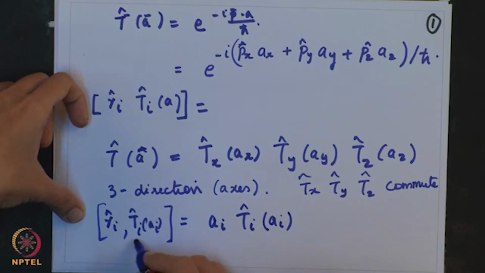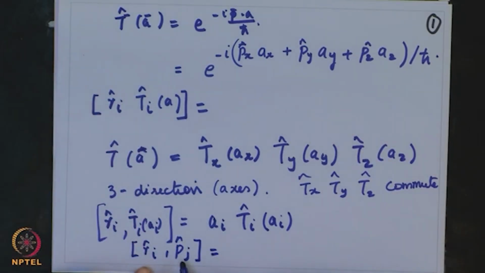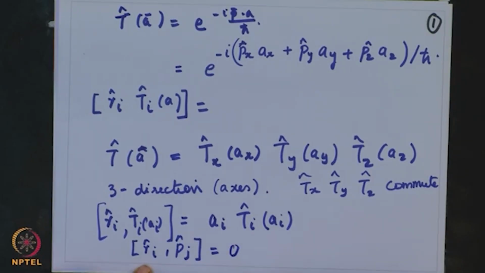And remember, we will use these relations while evaluating the general result. So, the commutator of Ri and Pi will be i h cross. We have seen these commutator relations.